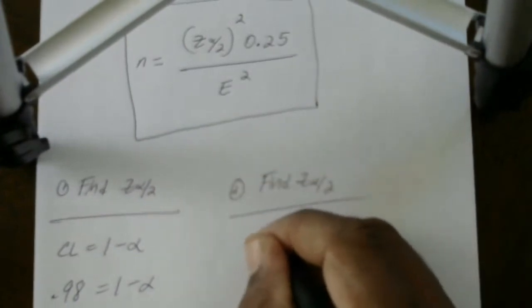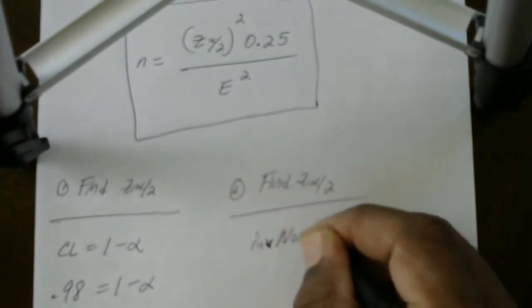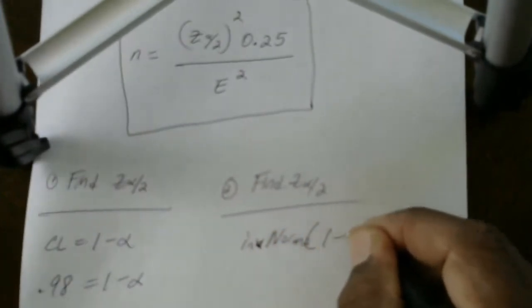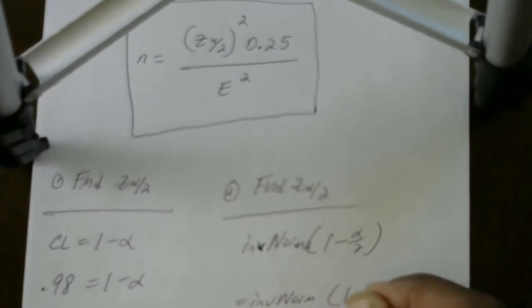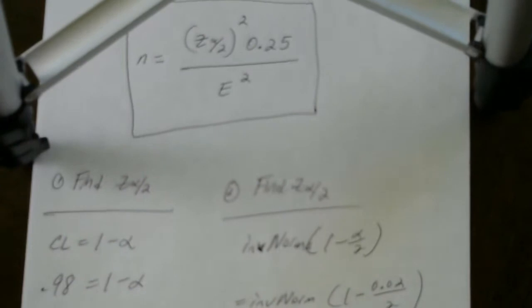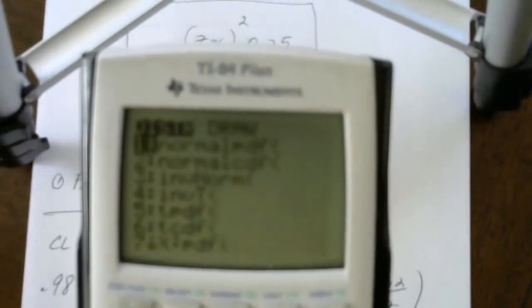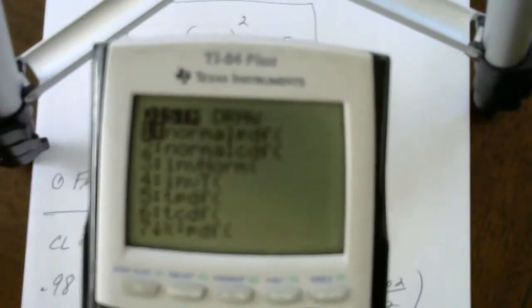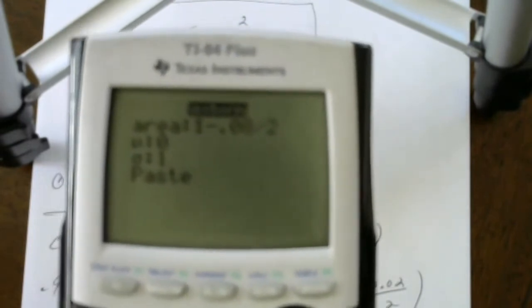I'm going to use the inverse normal, 1 minus alpha over 2. So this is the inverse norm of 1 minus 0.02 over 2. On the calculator, I go into distribution, then inverse normal.